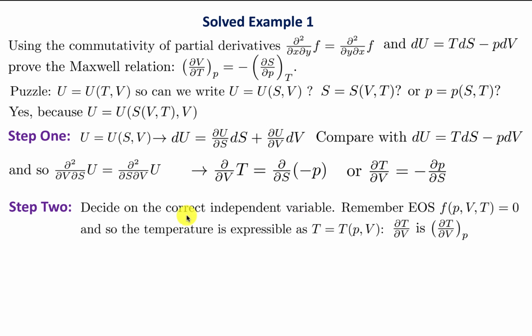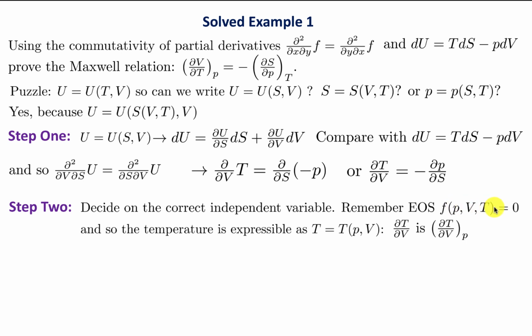So, as step 2, let us decide on the correct independent variable. Remember the equation of state, which related P, V, and T together. Of course, for the ideal gas, that is PV equals RT. So one relationship between three quantities.